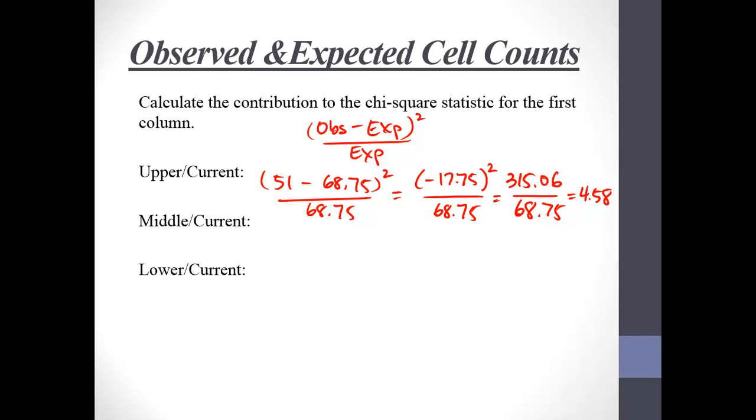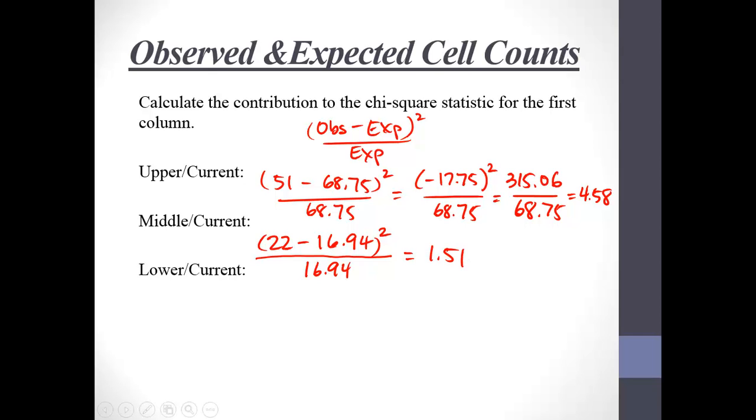I'm not organizing my space here very well. But for the middle class current group, I take the observed count, which was 22, subtract off what I expected, which was 16.94, square that, and divide by 16.94. I do a similar calculation, and I get 1.51.